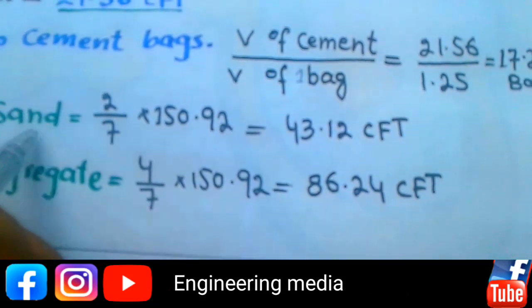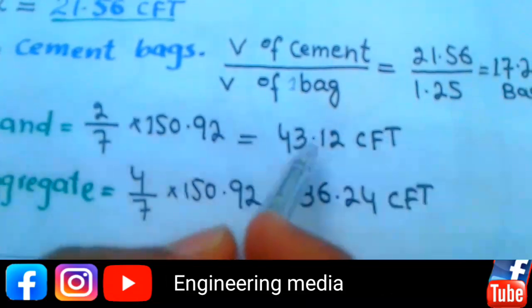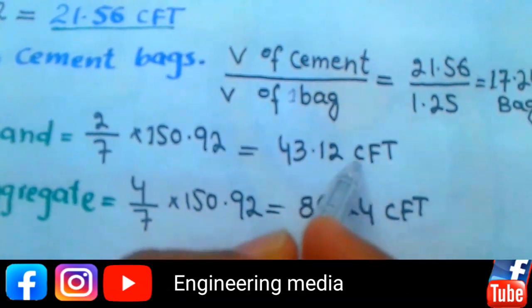The value for the sand per slab is 43.12 CFT.